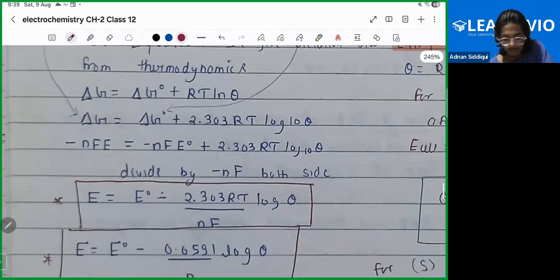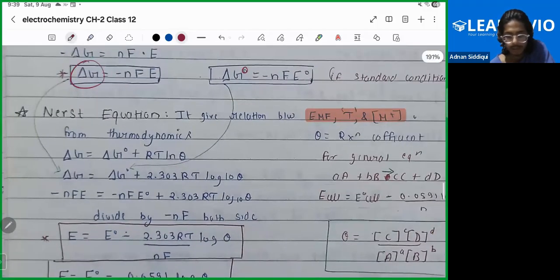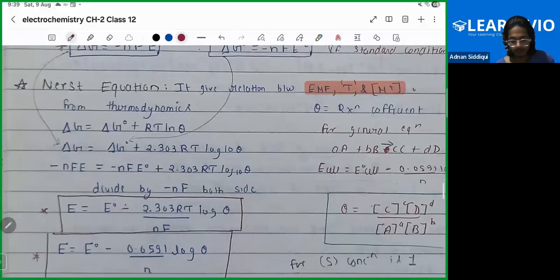Now we know that delta G is nothing but minus nFE. So we are going to replace delta G with minus nFE here, and minus nFE naught here, because the naught term we are using. Okay. After deriving this formula, I would request you to see this first. From here to here, we have reached.